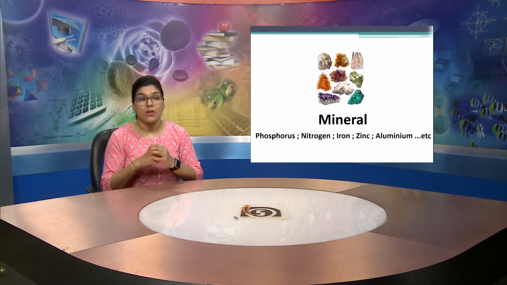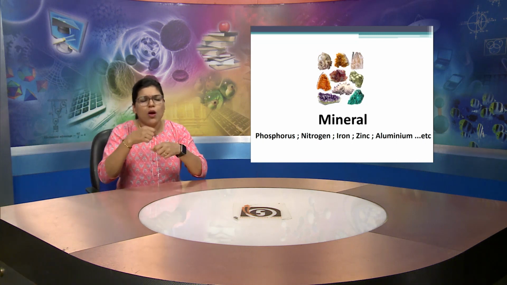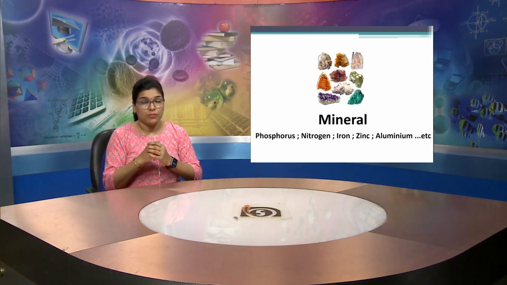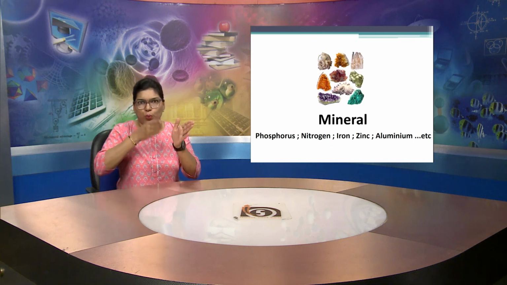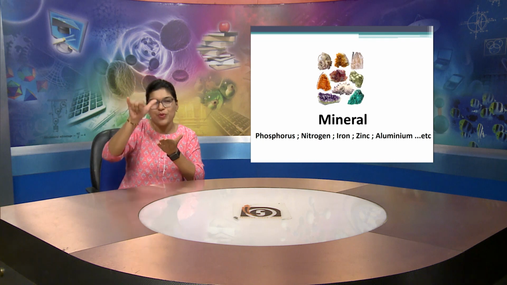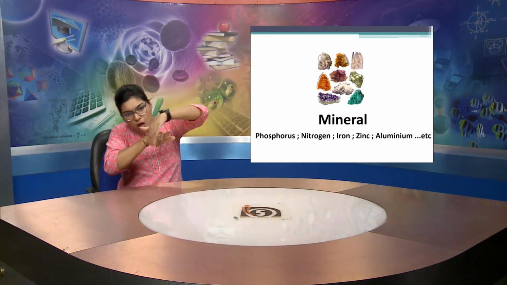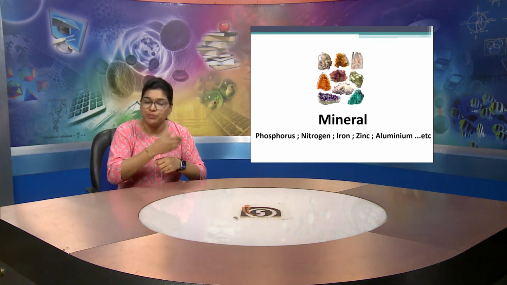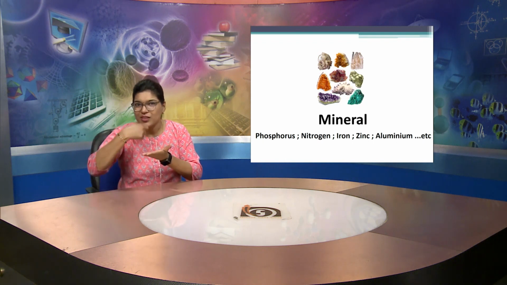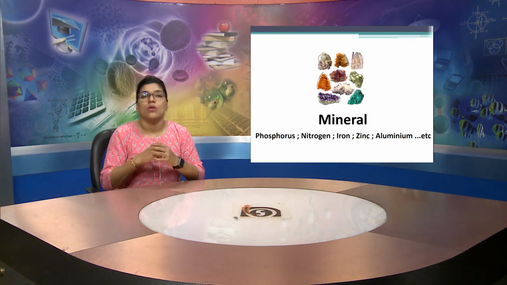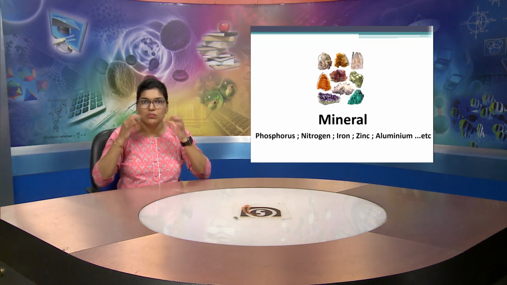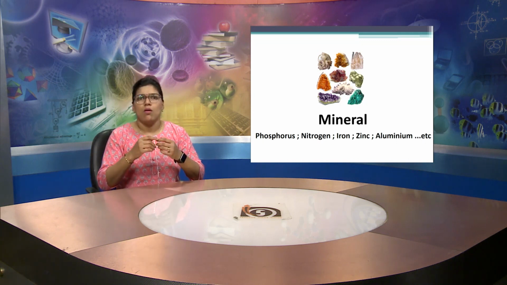On screen you can see only a few names, but in reality there are various minerals available on the earth. You must have seen railways, so different kinds of machinery or machines are made up of iron, and also there are different kinds of things, utensils, items which are made from all these minerals.